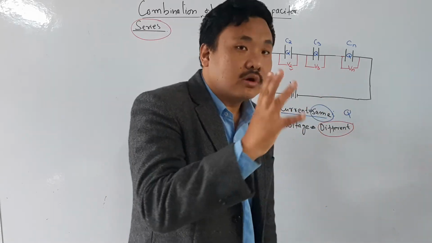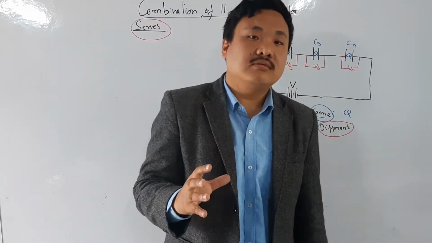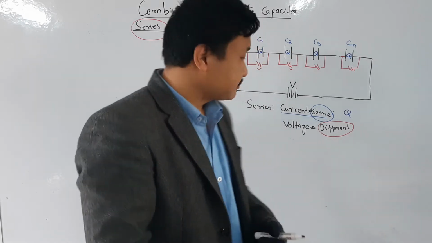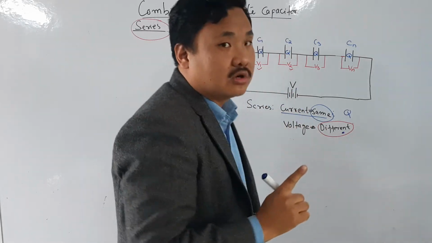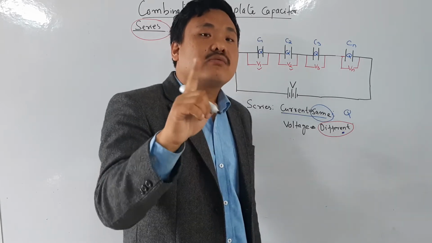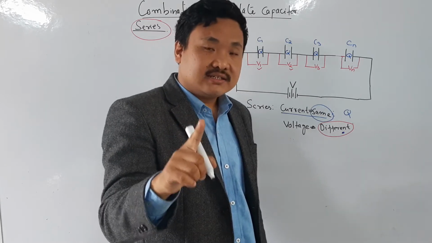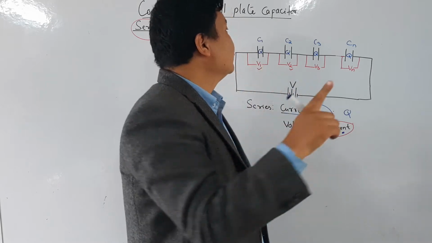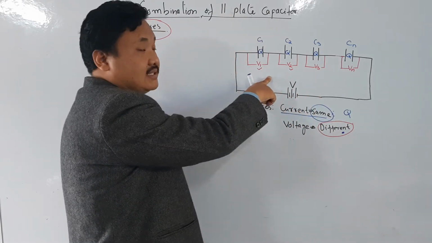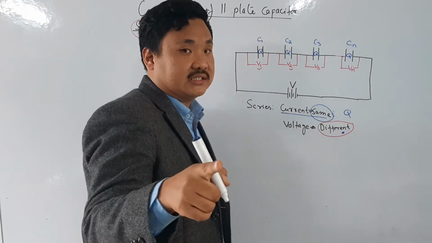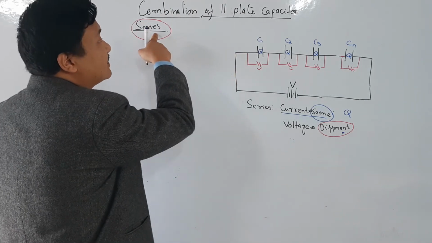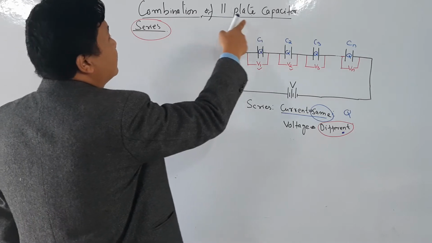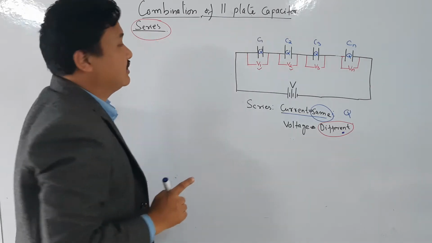Now how to solve this? This is solved by using the quantity that is different. It is very easy to solve. Whichever quantity is different, you have to find the total capacitance using that quantity. First write: series, I am finding the capacitance of parallel plate capacitors in series combination.